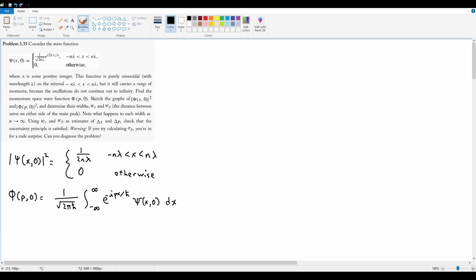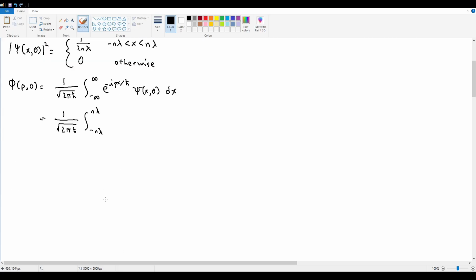In that case, plugging in psi of x comma 0, this is going to give us 1 over root 2 pi h bar integral from, and here, because our wave function is 0 outside of the range of negative n lambda to n lambda, this integral collapses from an infinite integral into just one from negative n lambda to positive n lambda, because for every other value, the wave function is going to equal 0, so they might as well not play a role in your actual infinite summation, right?